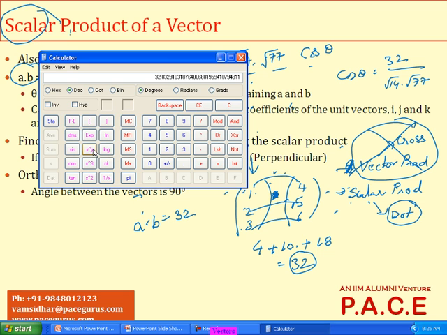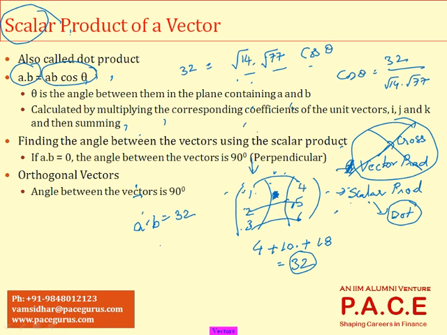So this is the square root and I divide 32 by it, and the cos theta comes out to almost 0.974. So from here I should be able to find theta, which is nothing but the cos inverse of 0.974.